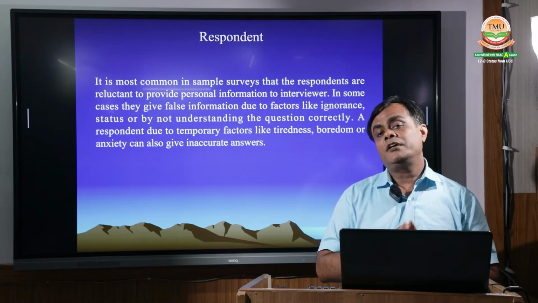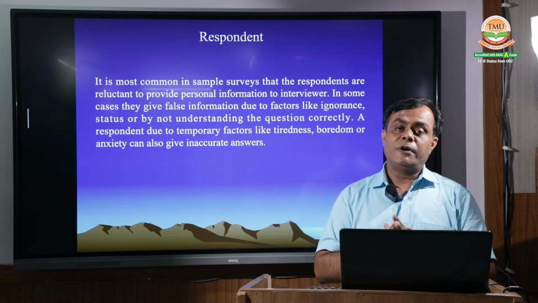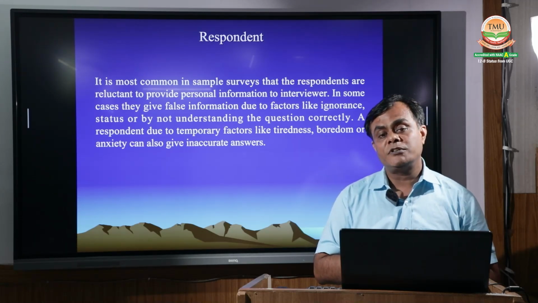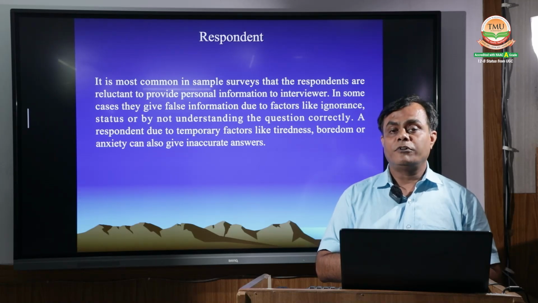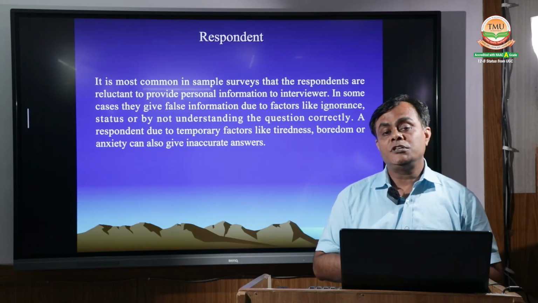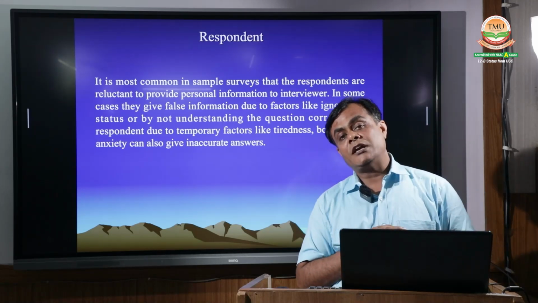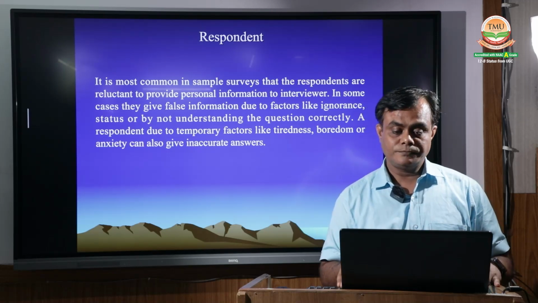In this way the respondent gives you incorrect information, and by getting incorrect or insufficient information from the respondent, you are using incorrect information. Due to using incorrect information, that error comes. So that type of error is called error due to the respondent.